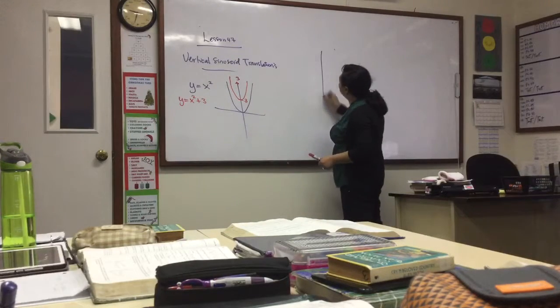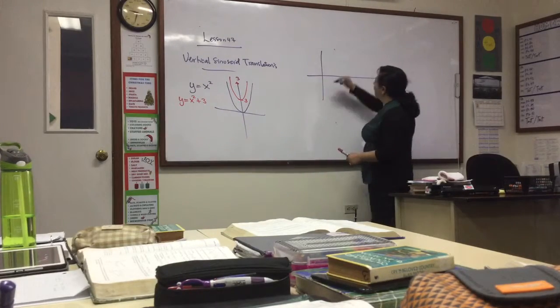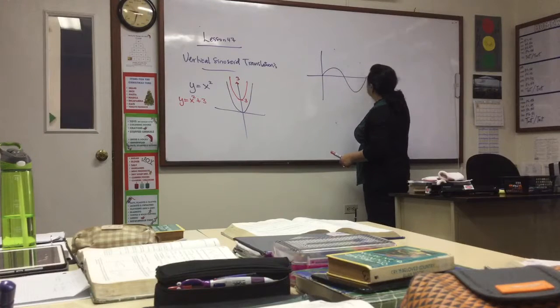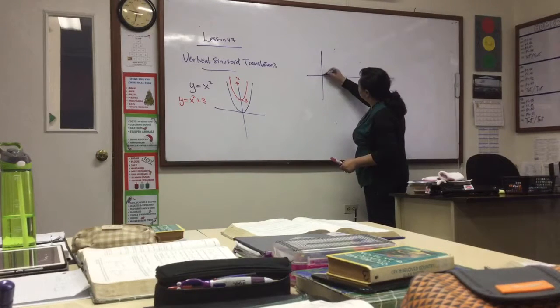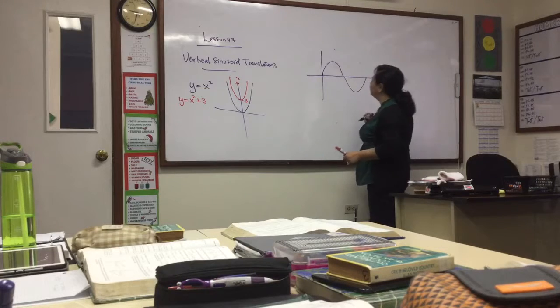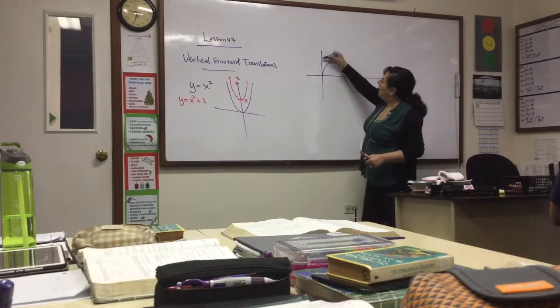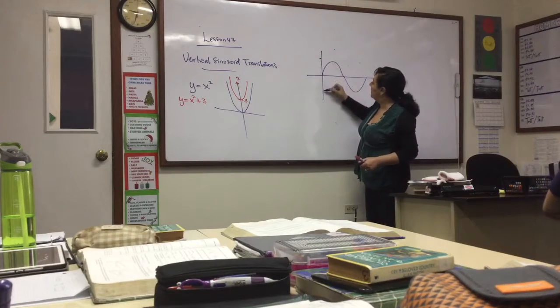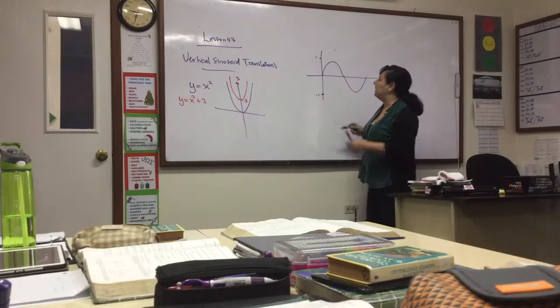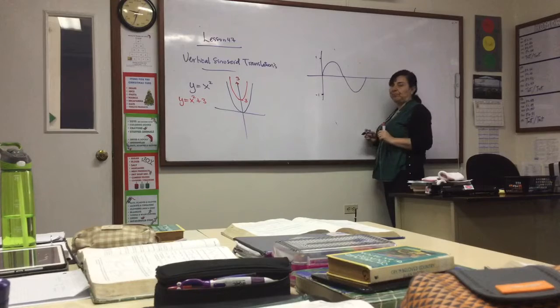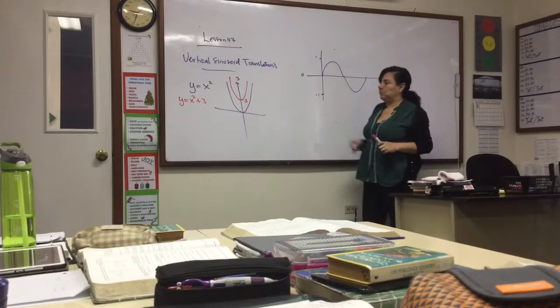The original sinusoid graph looks like this. This is a 1, minus 1, and this is a 1. The amplitude, right? And this one is at 0.